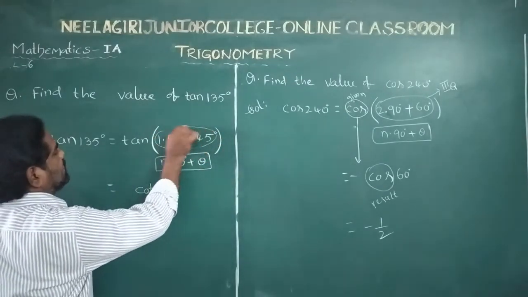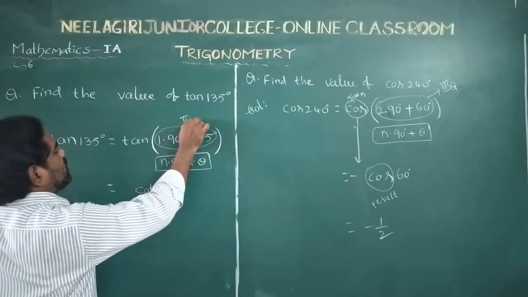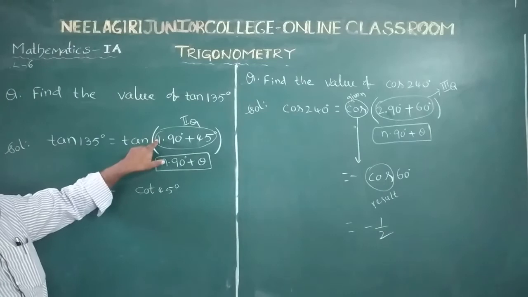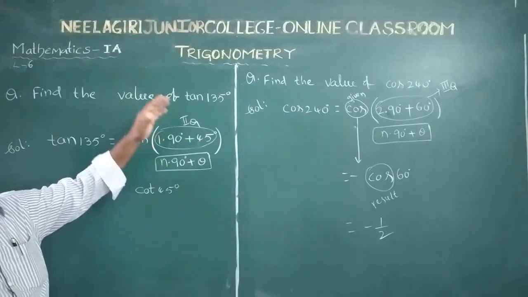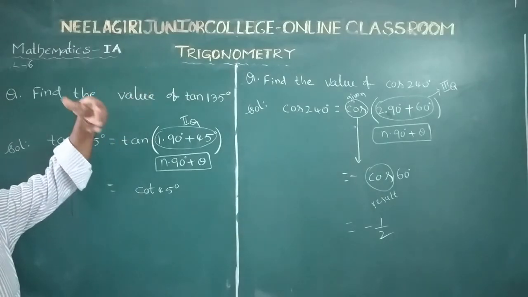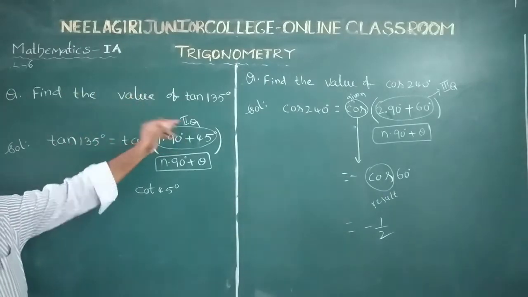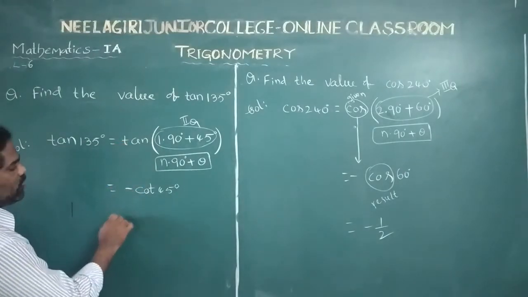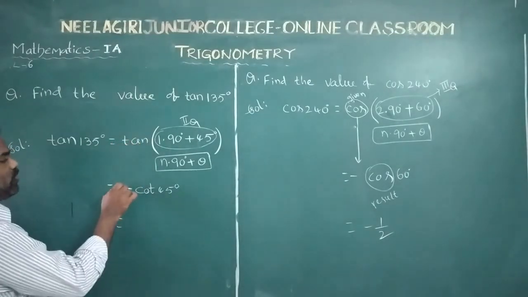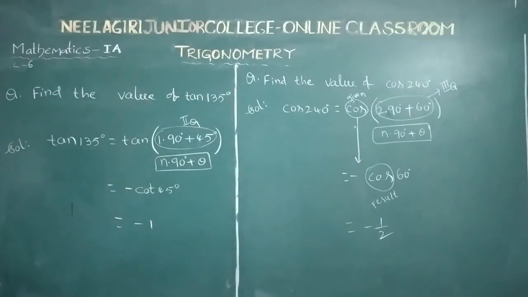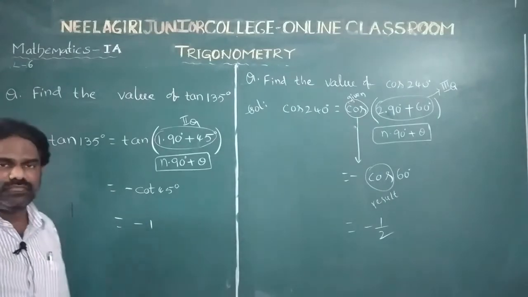This angle lies in which quadrant? Second quadrant, because n equals 1 is first quadrant plus some angle. If some angle is added to the first quadrant, that angle goes to the second quadrant. In the second quadrant, the tan function is negative. Given is negative, resulting also negative. Cot 45 value is 1, so this is minus 1.